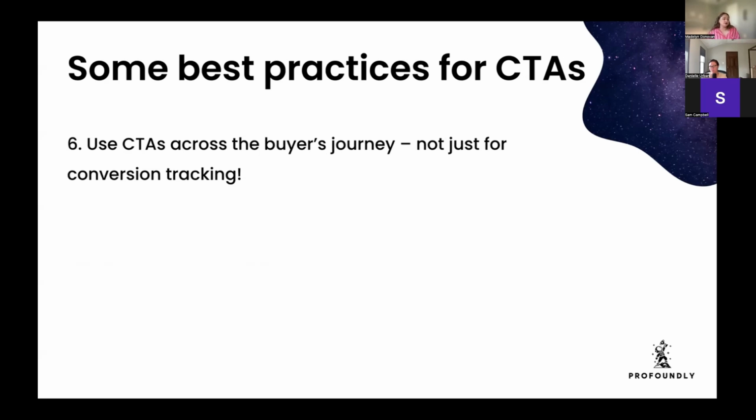But maybe you have learn more, or download the information guide, or watch this video, watch this tutorial or watch this walkthrough of our facility. When it comes to educating people before they're ready to buy, track those things too. That way you can see how they're engaging with your content, see how quickly it takes for them to click that CTA to when they click the converting CTA. There's all sorts of things you can do.